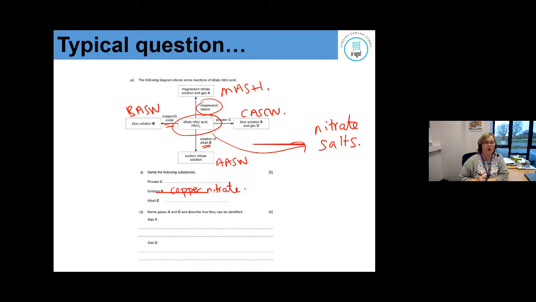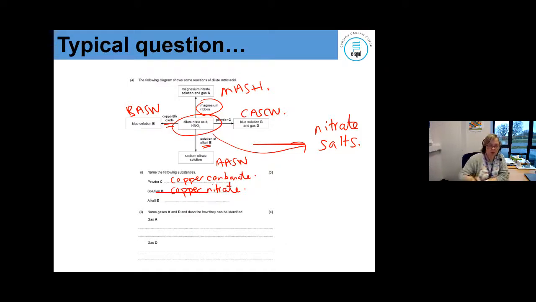Okay. Then, if you know that it was a copper salt that was made in C, we know that C is therefore going to be a carbonate because of the CASCU decision. And therefore, we think that C must be copper carbonate.